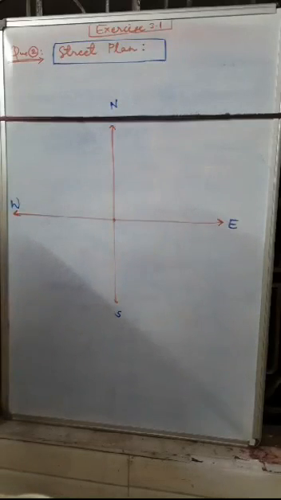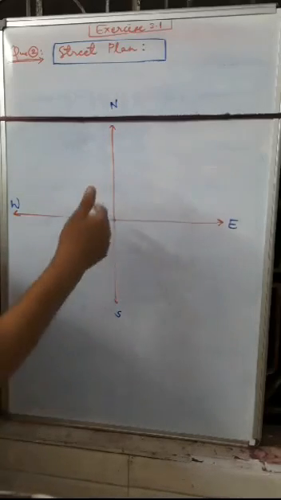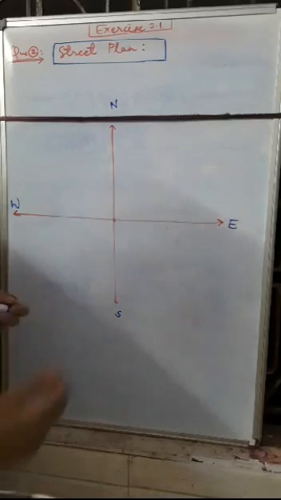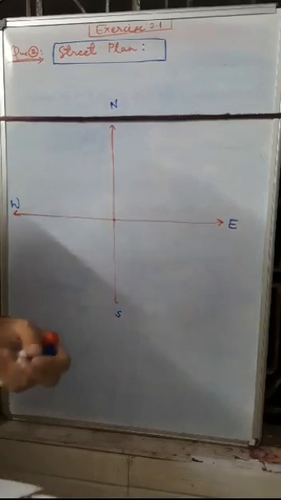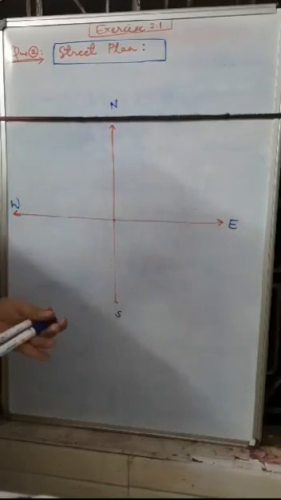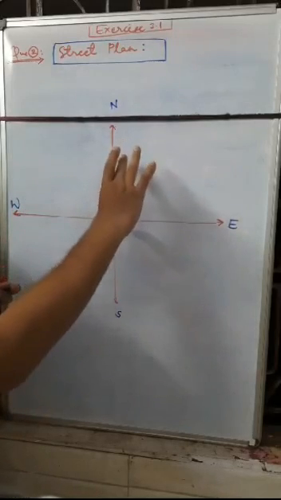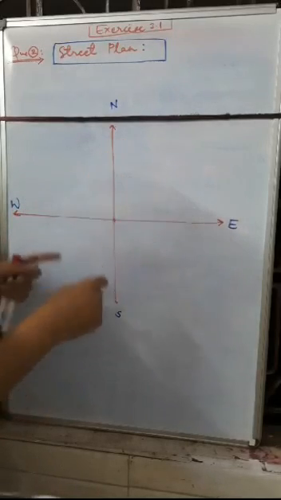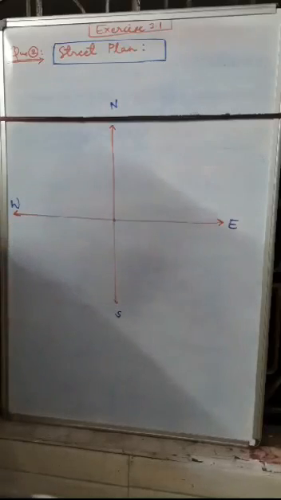After that, it is written in the problem that all other streets of the city run parallel to these roads. So other roads are parallel to these roads and are 200 meter apart. There are 5 streets in each direction, that means 5 streets in the north-south direction and 5 streets in the west-east direction.